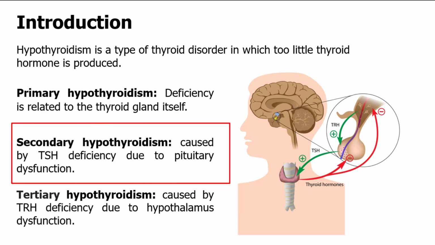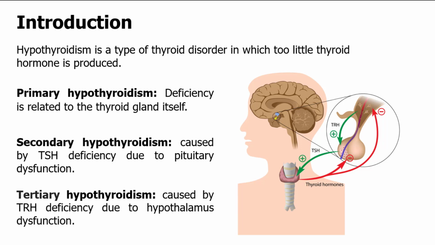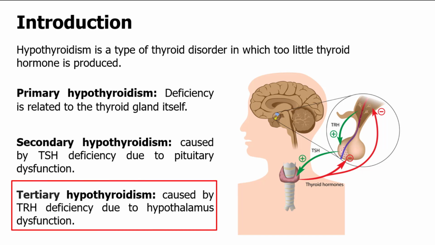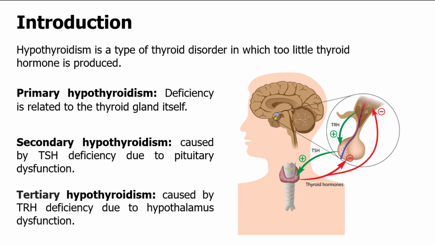Then, the secondary hypothyroidism caused by TSH deficiency due to pituitary dysfunction. And the last is tertiary hypothyroidism caused by TRH deficiency, that is, thyrotropin releasing hormone deficiency due to hypothalamus dysfunction.